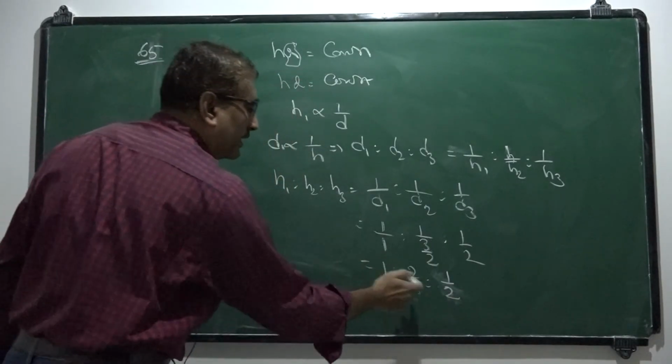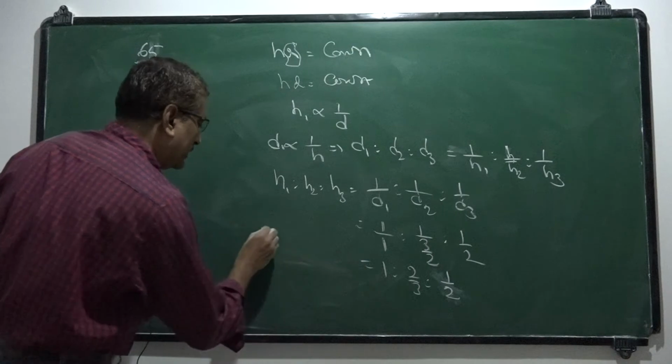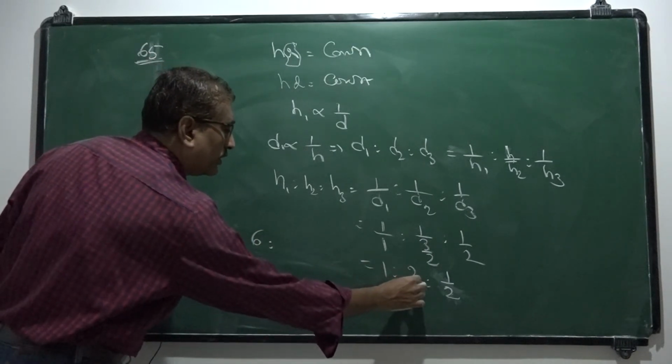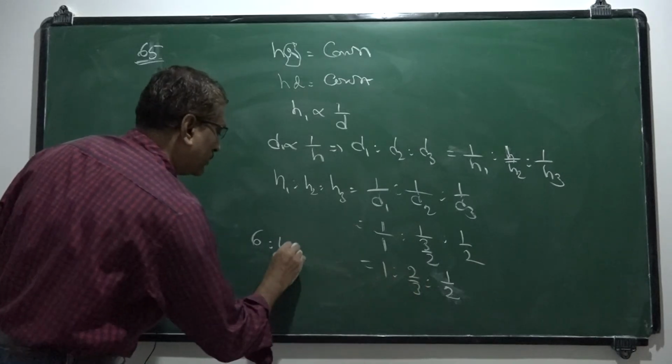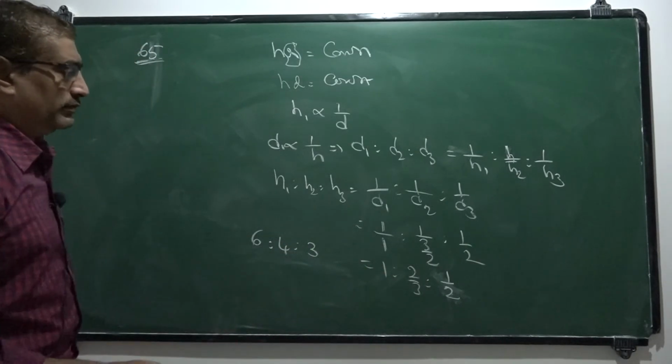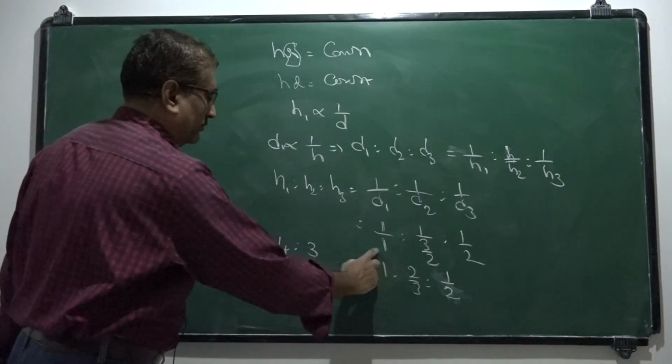Now multiplying with 6, we get 6 is to 4 is to 3. This is the ratio.